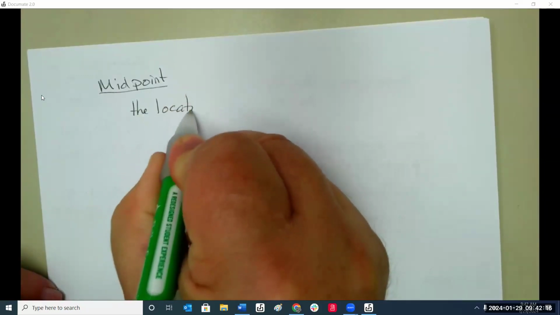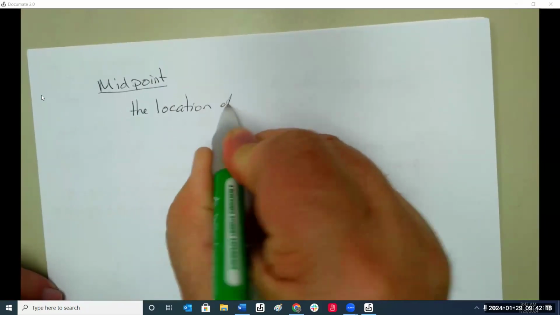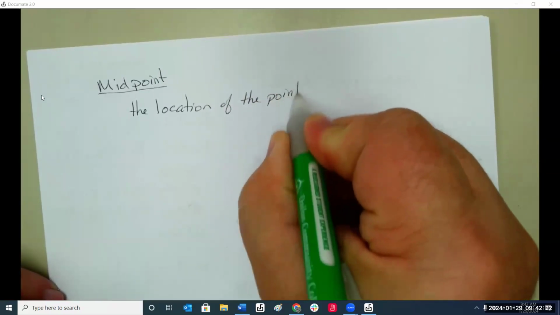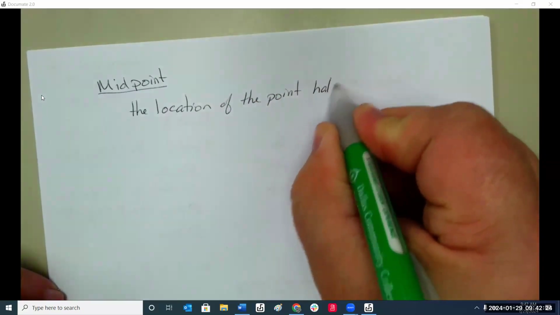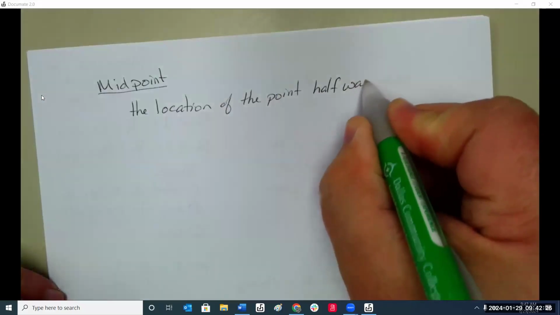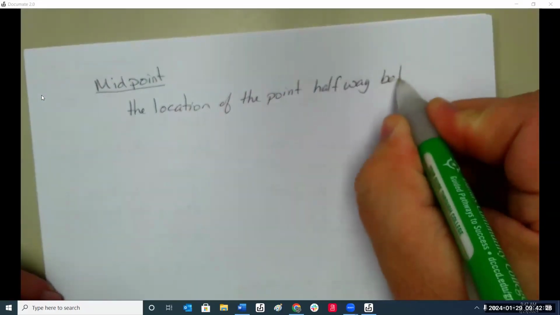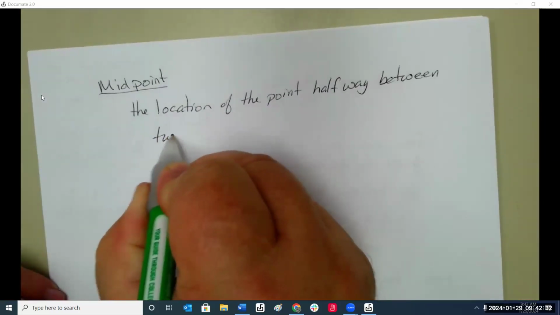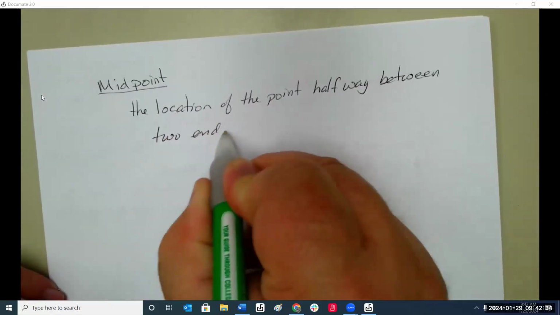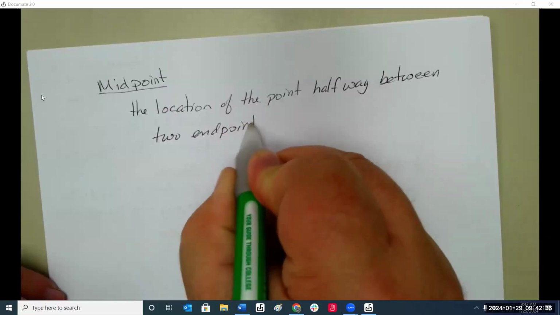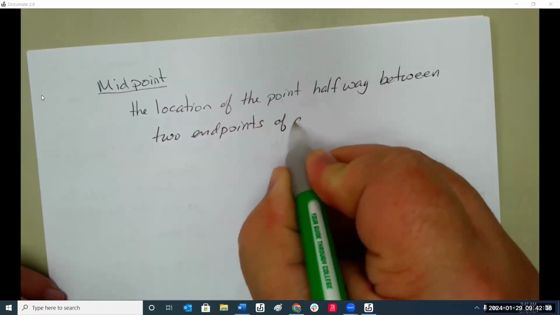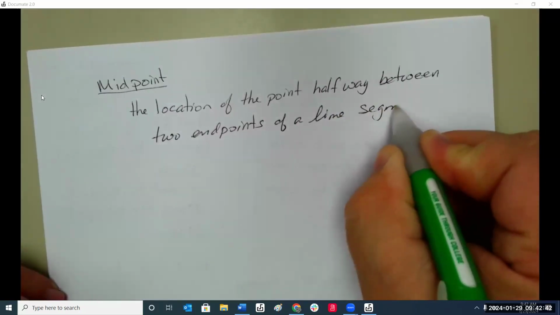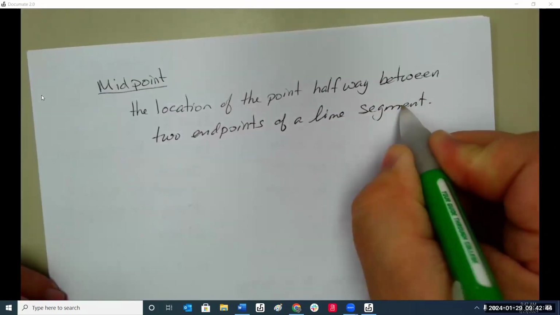The location of the point halfway between two endpoints of a line segment.